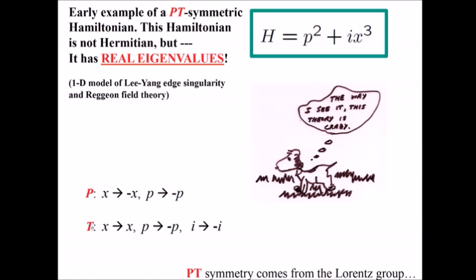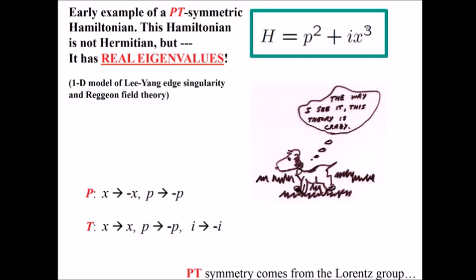But under time reversal, x does not change sign, but p changes sign. And remember what Wigner said, i changes sign. So under PT symmetry, if you change the sign of i and you change the sign of x, the Hamiltonian remains invariant. So this Hamiltonian is not Hermitian, but it is PT symmetric.